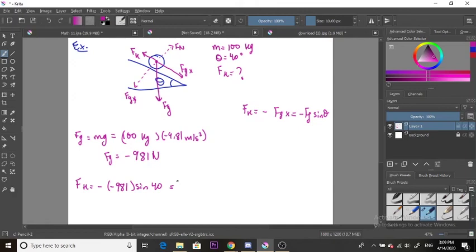We will calculate this, and it should give us a friction force of 630.6 newtons. So we can probably round that up to 631 newtons. And that is how you solve questions involving inclined planes and forces.